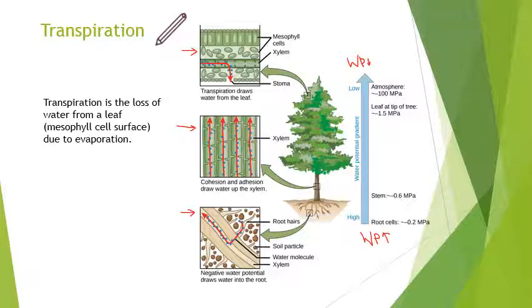What is it being replaced by? It's being replaced by water from the xylem in the roots. And if that water leaves, it is being replaced by water from the soil that is taken up by the root hairs. So this whole thing is in movement because you remove things at the top, and where you remove something, something is being replaced. Hopefully that idea is clear.